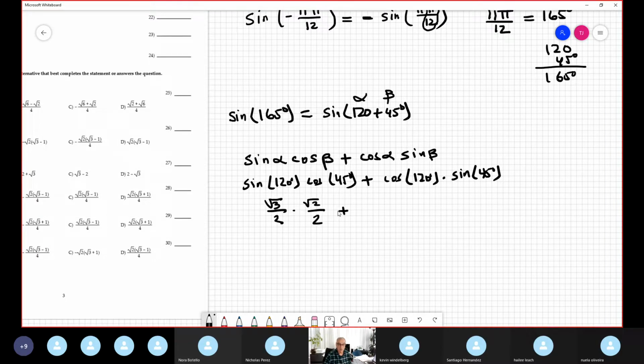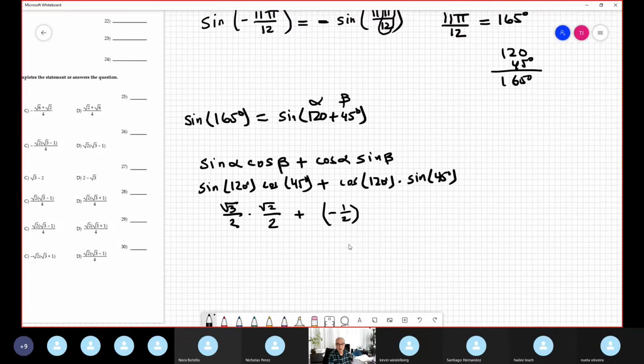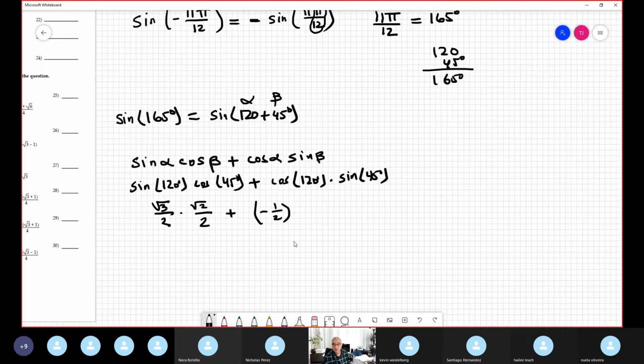plus, and cosine 120 is negative 1/2. Be careful. 120 is an angle that lies in the second quadrant. Let me suppose I have no calculator, I am in the jungle, no software, nothing. 120 lies in the second quadrant.